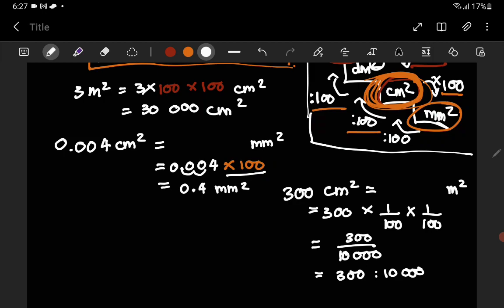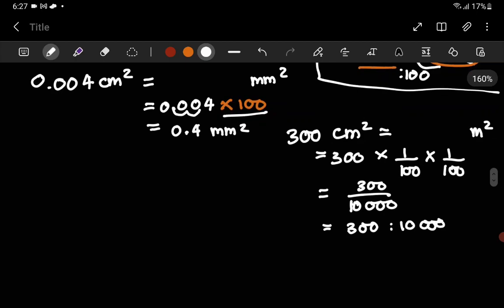If a number is divided by another number, the number gets smaller. So if you have a number being divided by the base of 10, you move the dot to the left. Where is the dot in 300? It's a whole number, so the dot is at the end. You move it to the left according to the number of 0s in the base of 10.